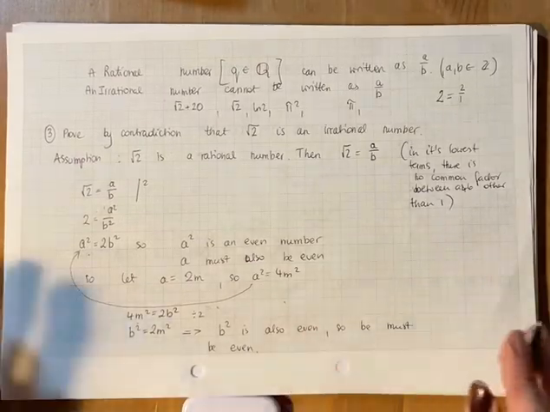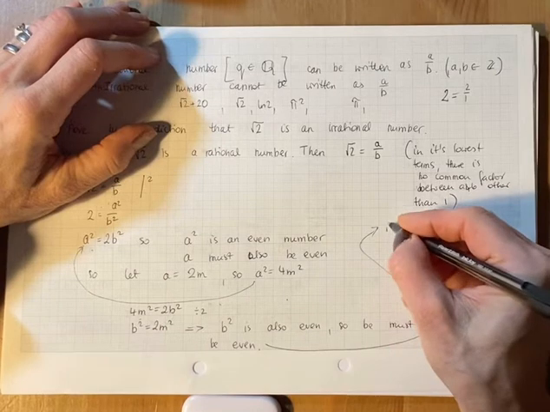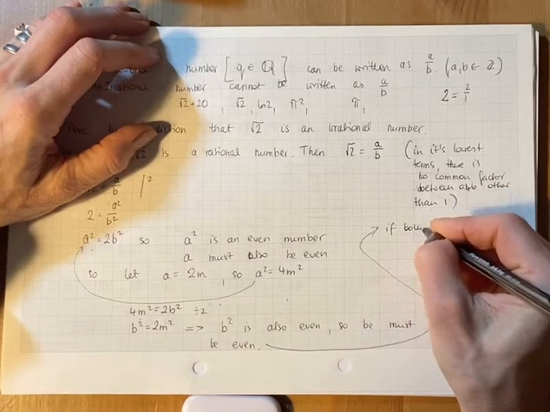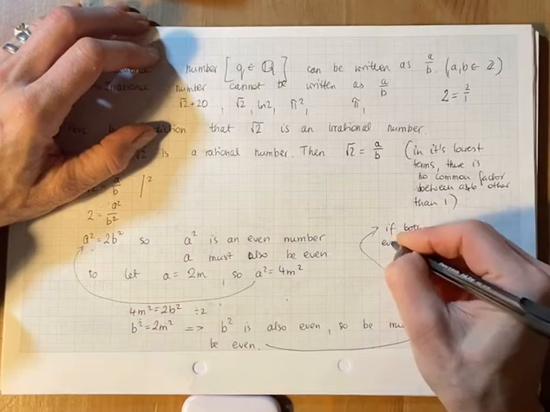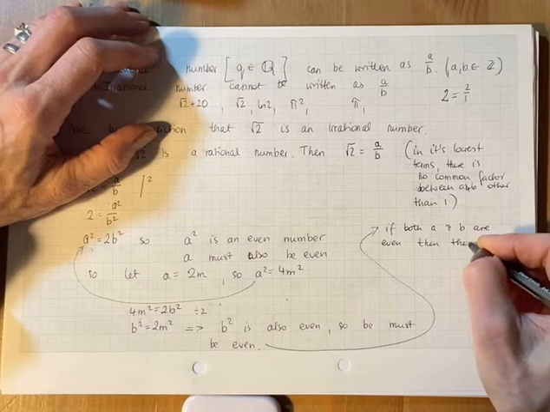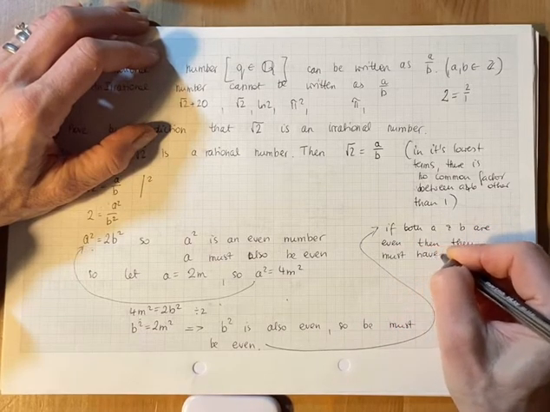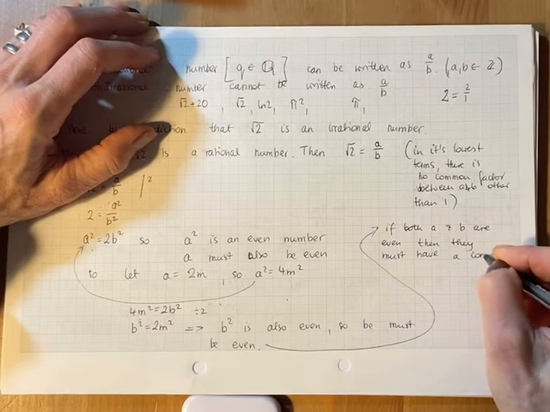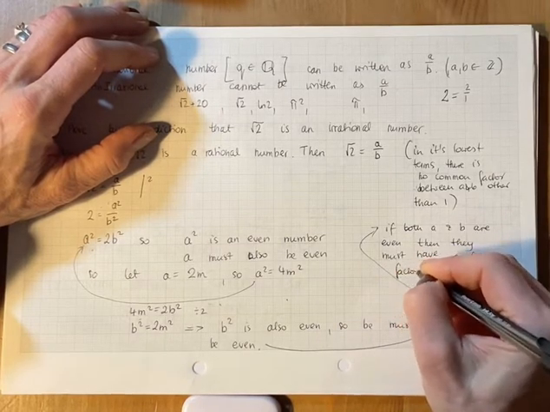Now what does it mean? It means that if both A and B are even, then they must have a common factor of 2.